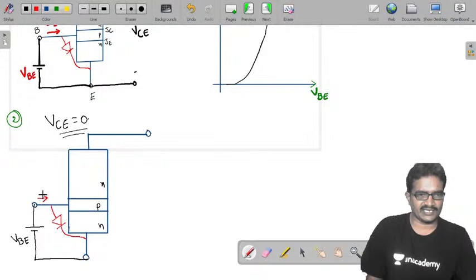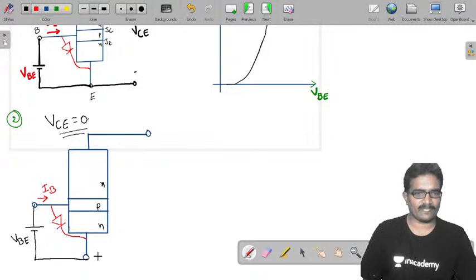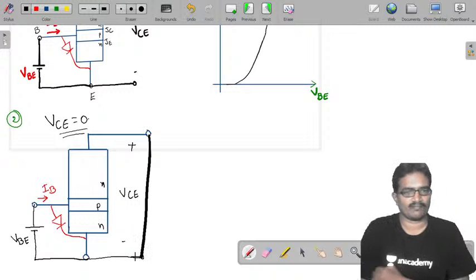This is the base current IB, and this is the VCE we applied. Now VCE should be 0. Making VCE 0 means simply short circuit.